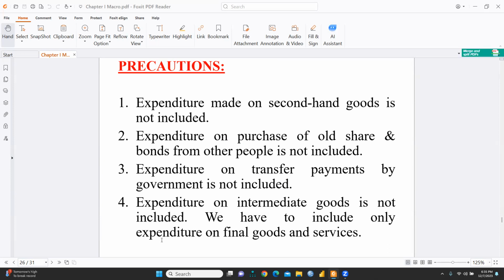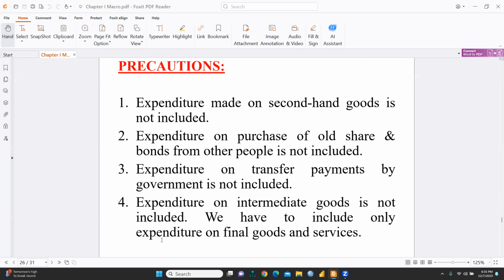Why? Because, as I had already explained, transfer payments are things like pensions, unemployment allowances, etc. Against these payments, the individual is not contributing anything to the current national income. That is why we are not including them, because we are paying them from reserves.